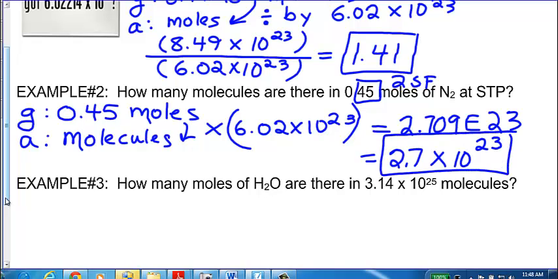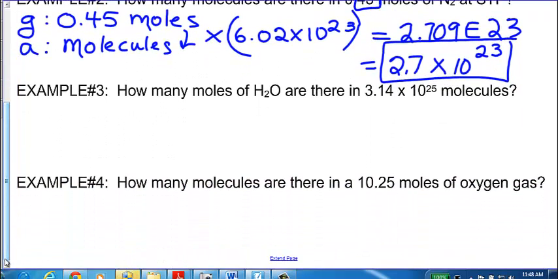Okay? You could also set up proportions here. If you know 1 mole is 6 times 10 to the 23rd, 0.45 moles are how much? X, and then you would cross multiply to solve for your X. Or you can use dimensional analysis like we did in the beginning of the year. Watch this.